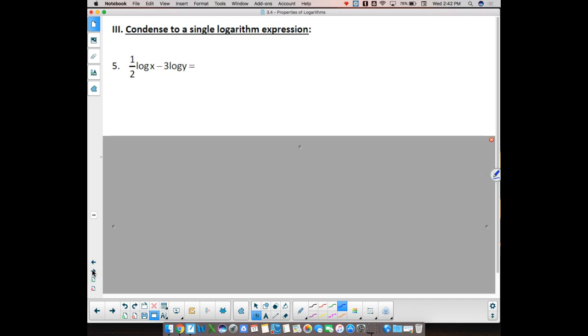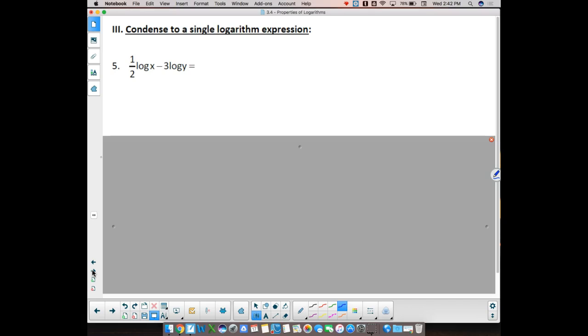Condensing now. In expansion, we first apply product or quotient, then the other one, and then we apply power. Condensing is reversed. So we first apply power and then product or quotient. Okay?